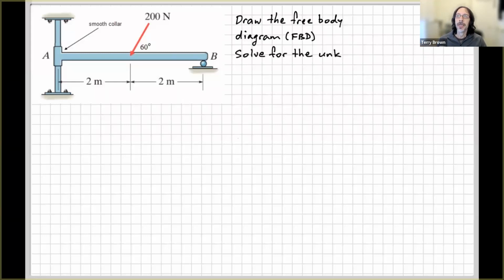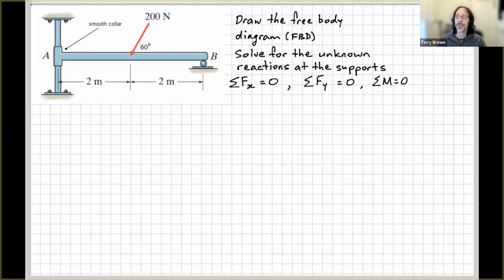Right? So we want to solve for our unknown reactions at the supports. How do we do that? We use the equations of equilibrium, hopefully you know by now. But to add equations to those general formulae, we need to have our free body diagram. So let's start by having a look at that.